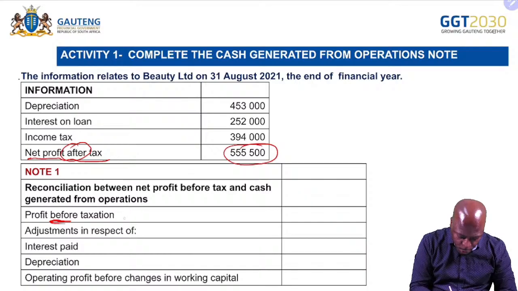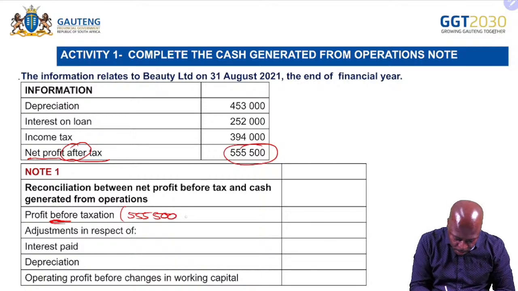Okay, so what you do, you come here now, you're going to say my net profit after tax, which is 555,500. But I need before tax, that means I'm going to come here and add my income tax, which is 394,000.